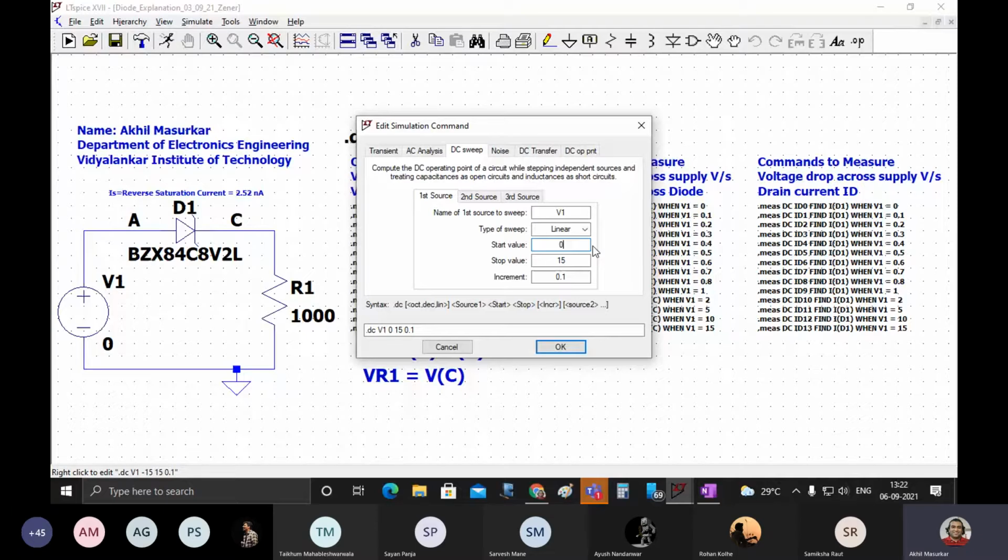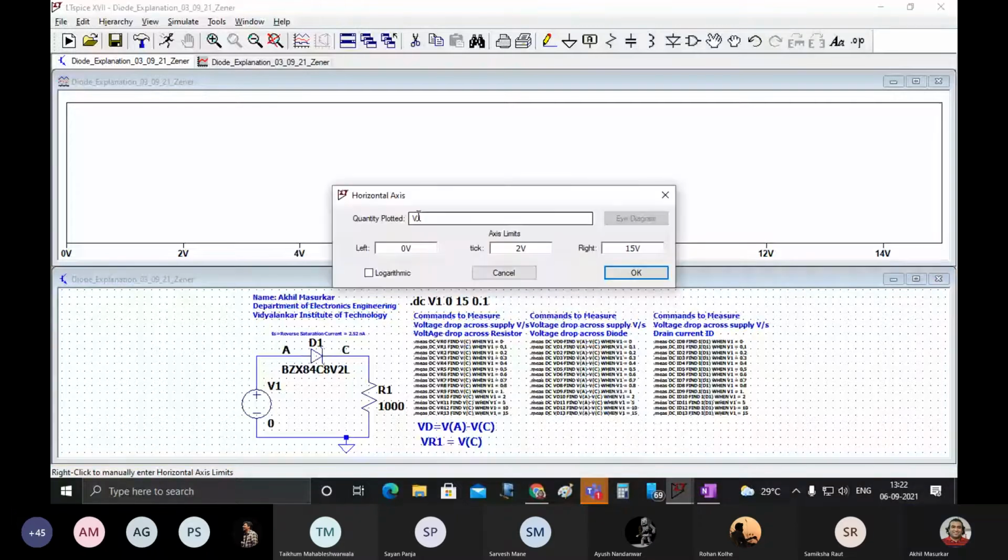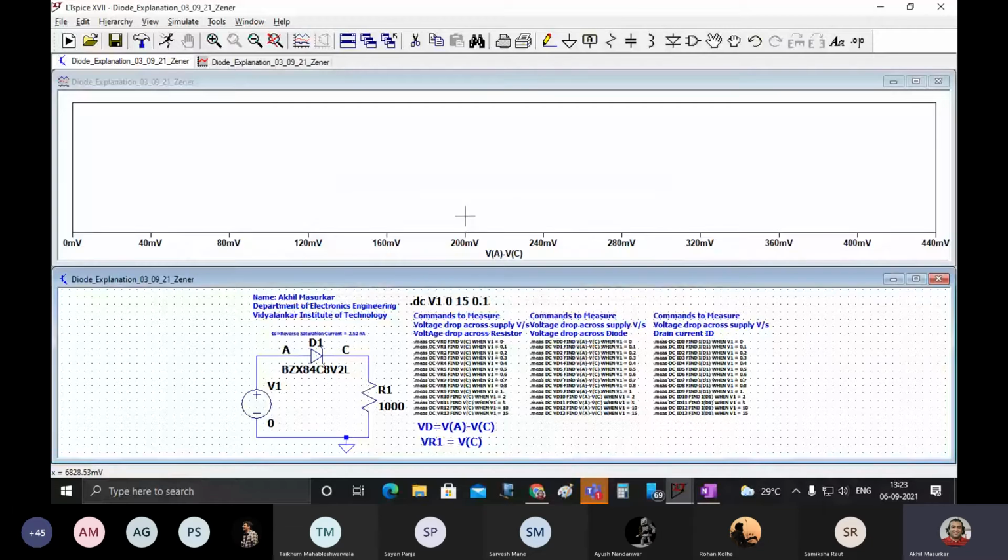Now what we are actually seeing on the x-axis is V1. You can see the quantity plotted is V1, but I don't want V1, I want VA minus VC. So I will say V of A minus V of C. So the x-axis is ready.